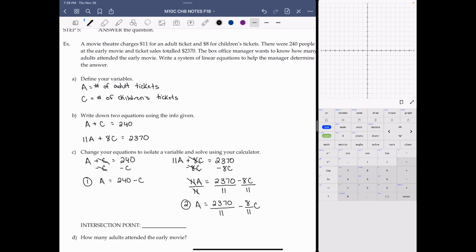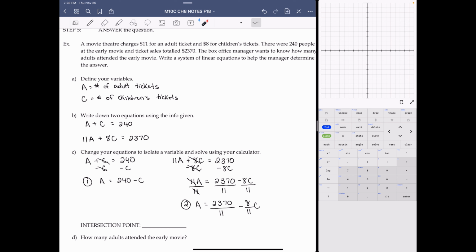We have to think about the situation. We're talking about number of tickets to a movie sold, and we know that the total amount adds to 240. So these variables are going to be greater than 10. So we're going to have to make our x and y values higher.